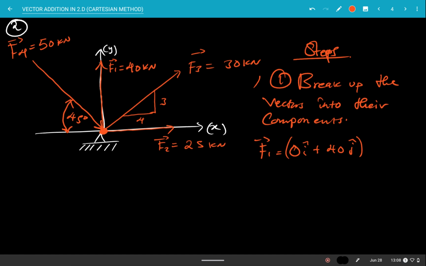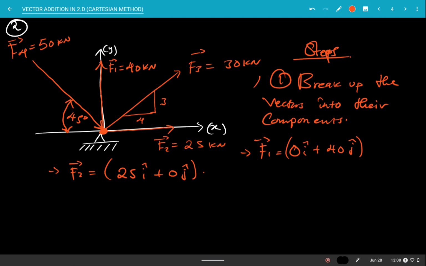Those are the components for F1. For F2, it's basically the same idea. It's acting along the x-axis, so it doesn't have a j component, it only has an I component. So it's 25 in the I plus 0 in the j.